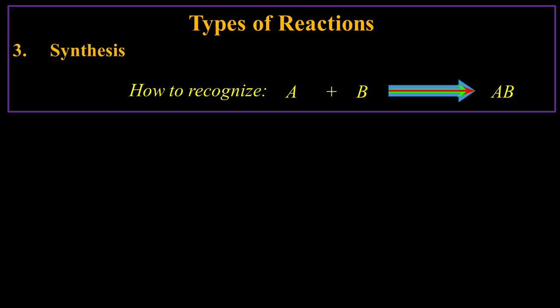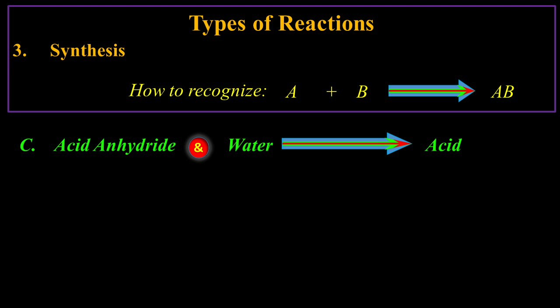Now the next type is also two compounds making a more complex compound, and that's going to be an acid anhydride plus water. An acid anhydride is a non-metal oxide, and you're very familiar with acid anhydrides.